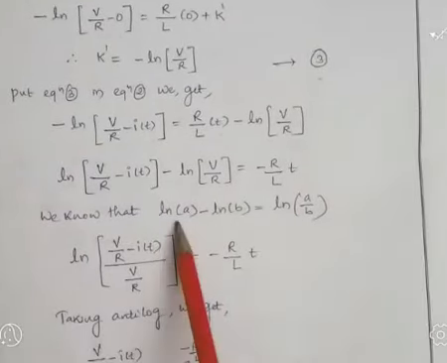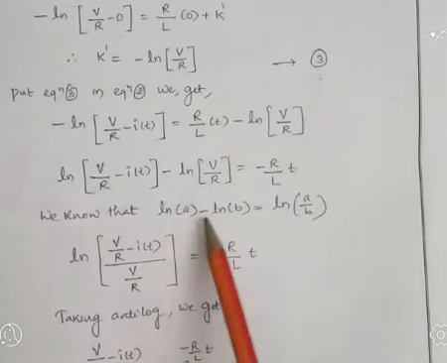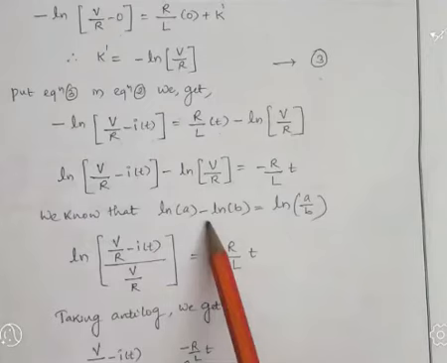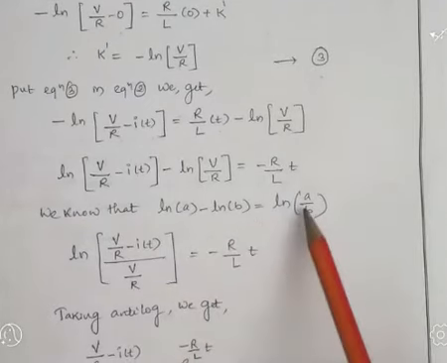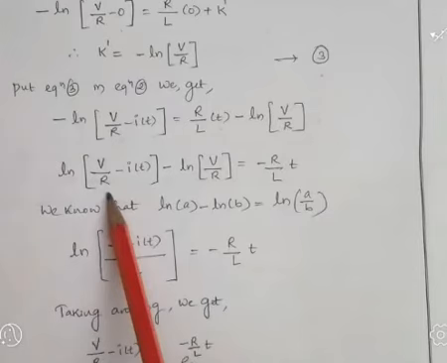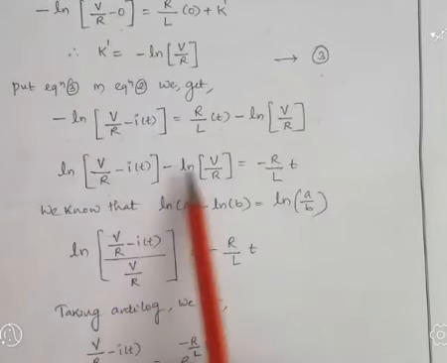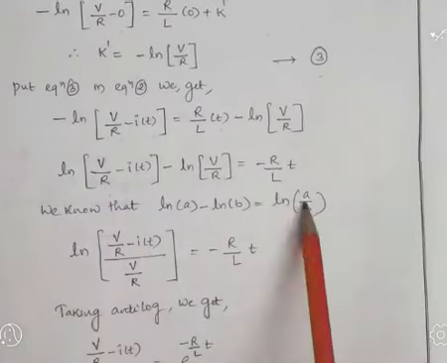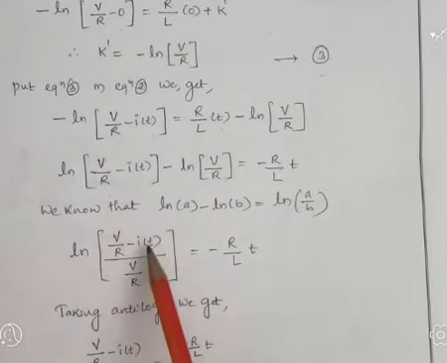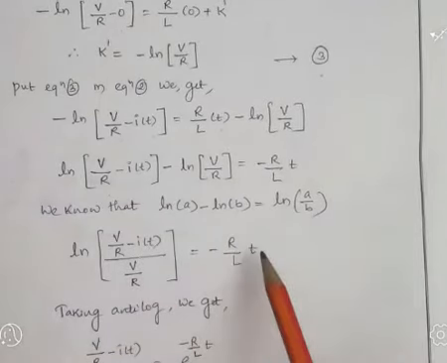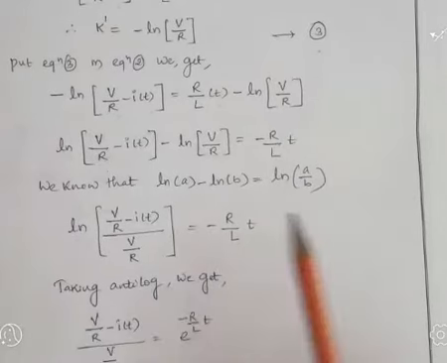Using this logarithm formula, ln of a minus ln of b is equal to ln of a by b. So we can write, ln of V by R minus I(t), divided by V by R, that is equal to minus R divided by L into t.